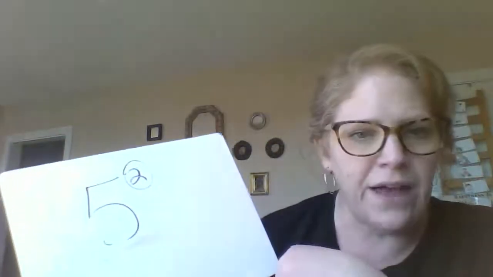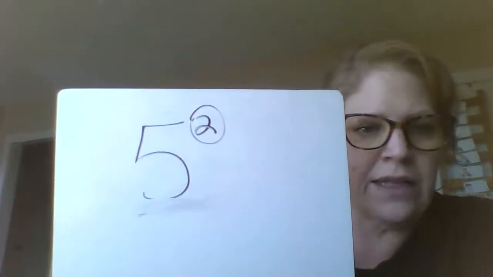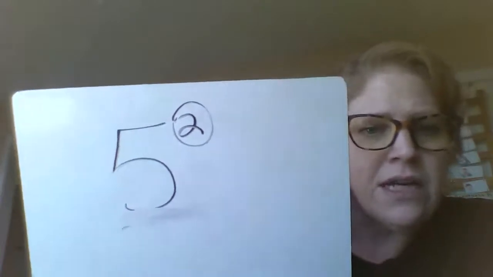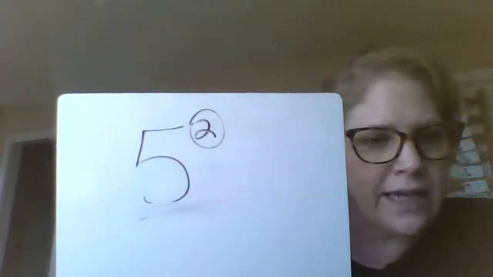So what does this mean? What does this tell us? 5 times 2? No. This is not a multiplication problem of the base times the exponent. It's definitely a way to express multiplication, but it's not telling you to multiply the base, which is 5, times 2, the exponent.